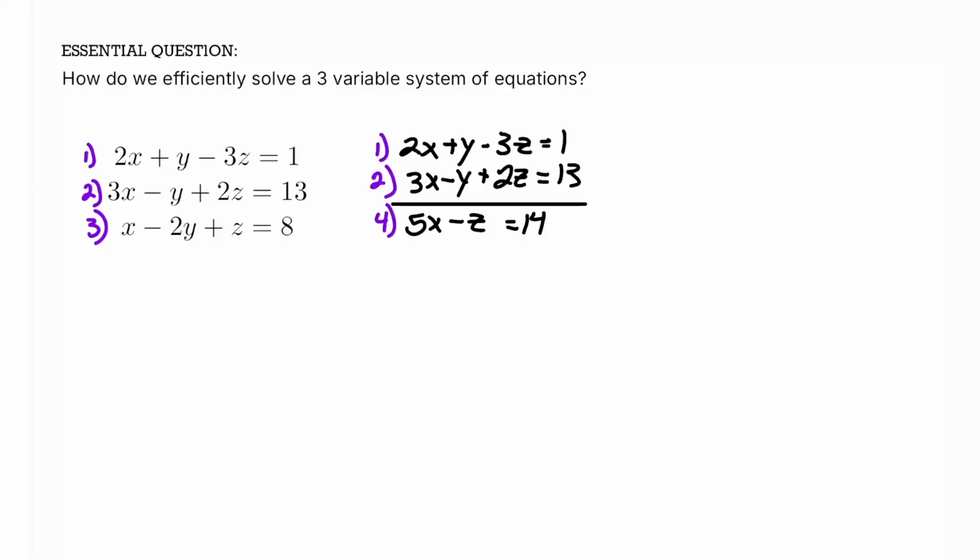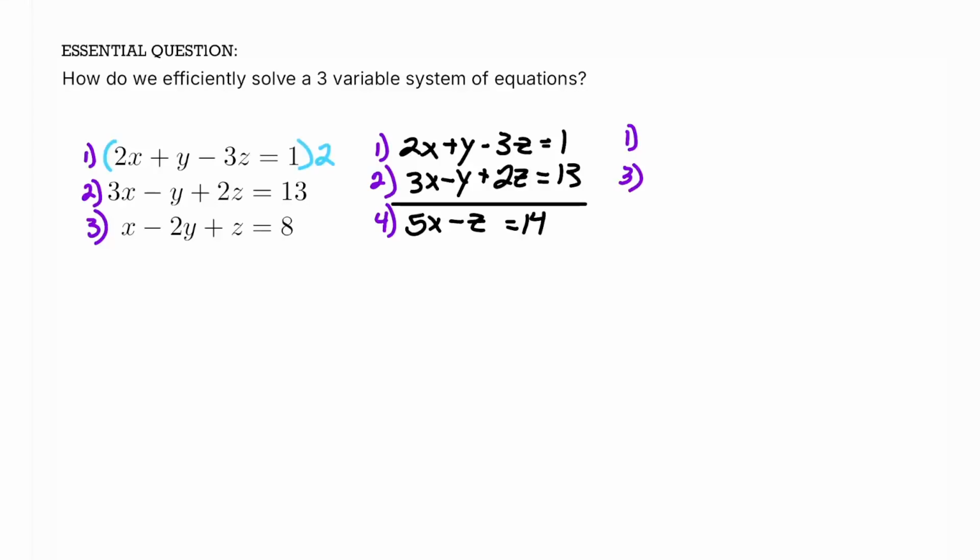Since I used equation 1 and 2, I have to use equation 3 now with one of my other two. So I still want to get rid of y. I need to eliminate y this second time. So I'm going to take equation 3 with negative 2y, and I'm going to combine it with equation 1. But now, in order to make these opposite, I'm going to have to multiply equation 1 by 2.